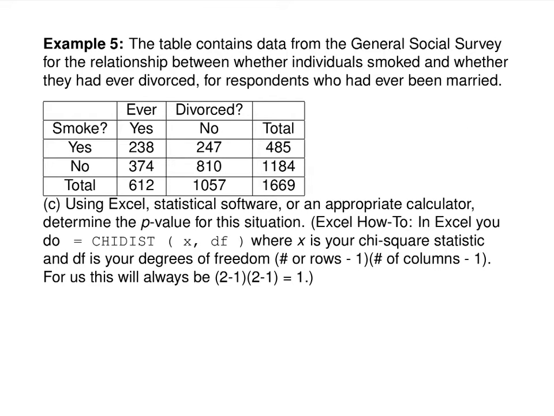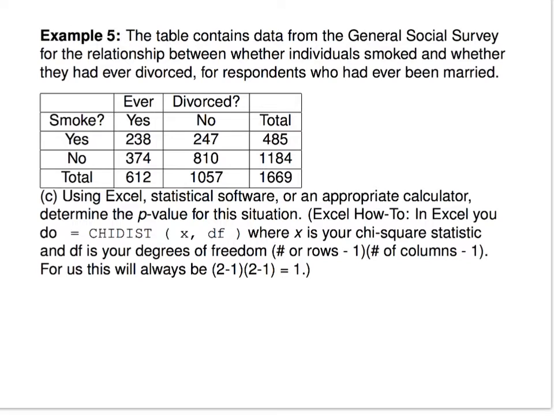Tons. So here is how you find this in Excel. This is the Excel command. You do your work finding the chi-squared from the previous part. And into one little cell in Excel, you type in equals chi-dist.